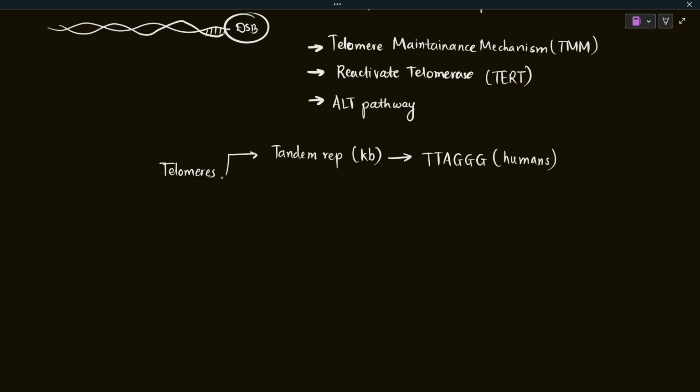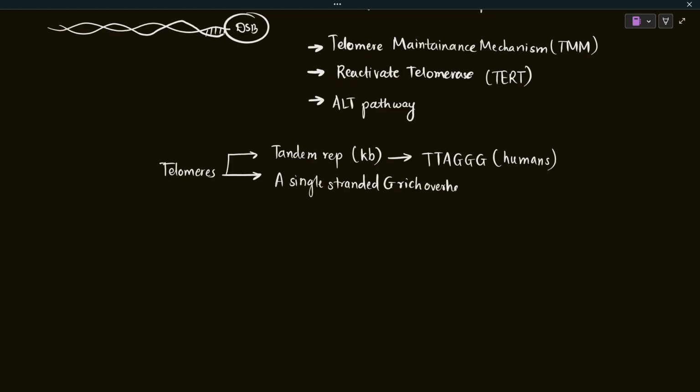Okay. Then telomeres also have a single-stranded G-rich overhang. This G-rich overhang forms a protective T-loop structure.